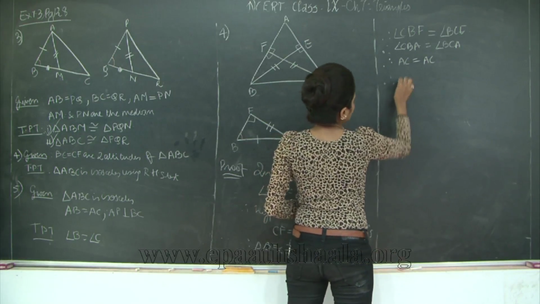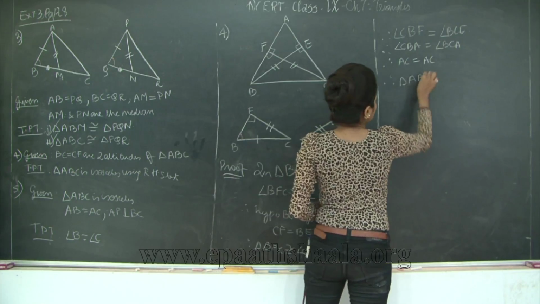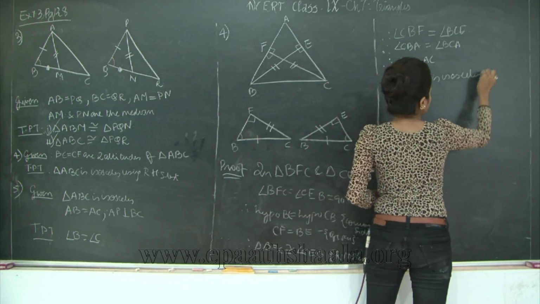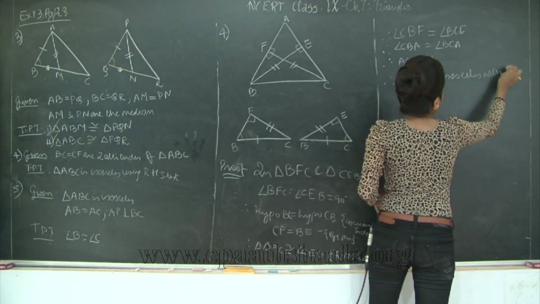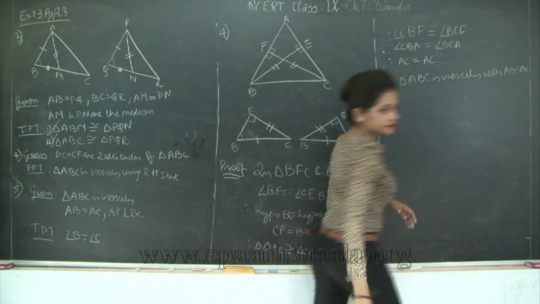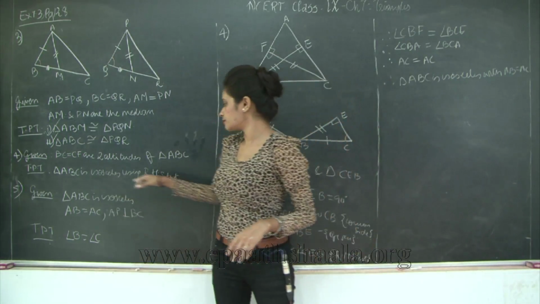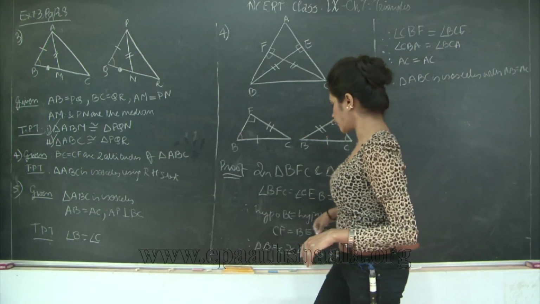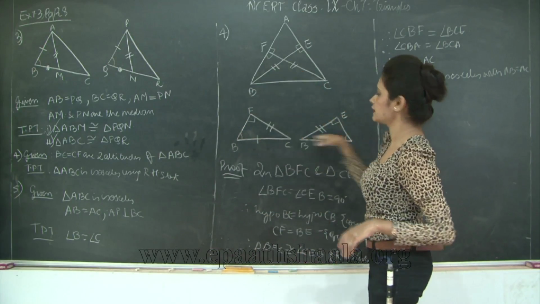Therefore, triangle ABC is isosceles with AB equal to AC. So, it is proved, and RHS test has been used over here in proving these two small triangles congruent to each other.